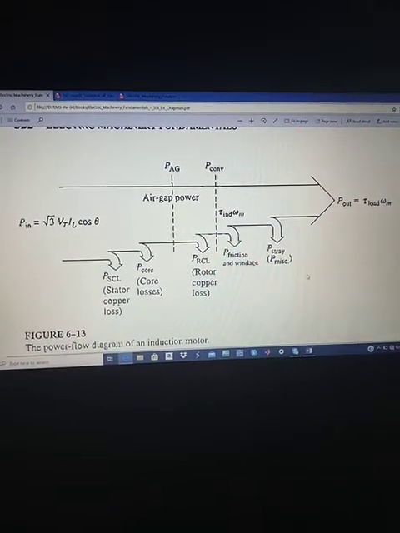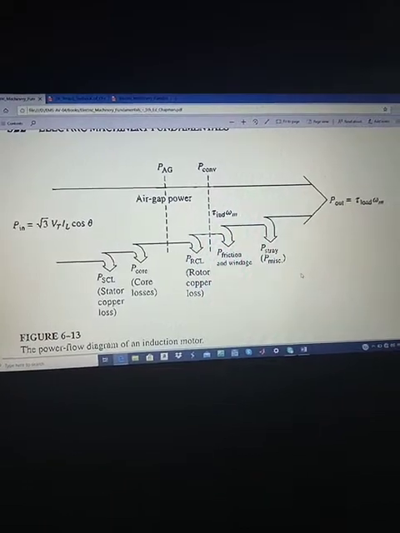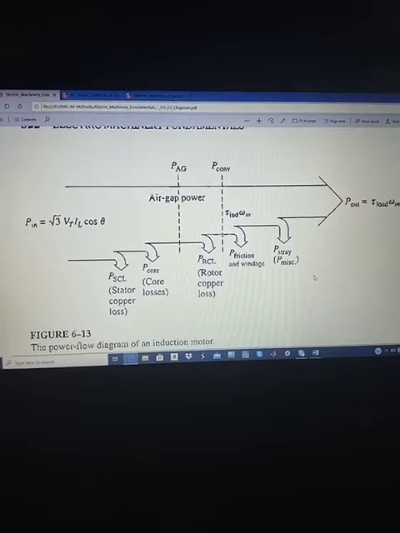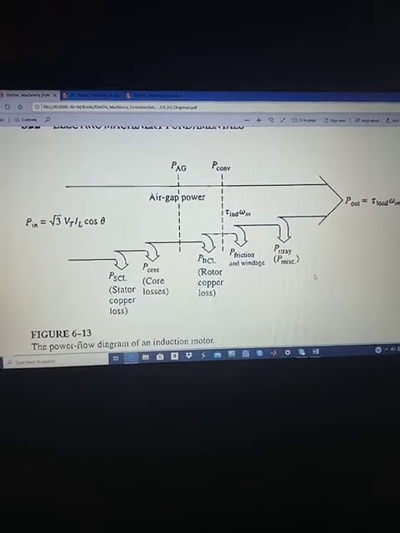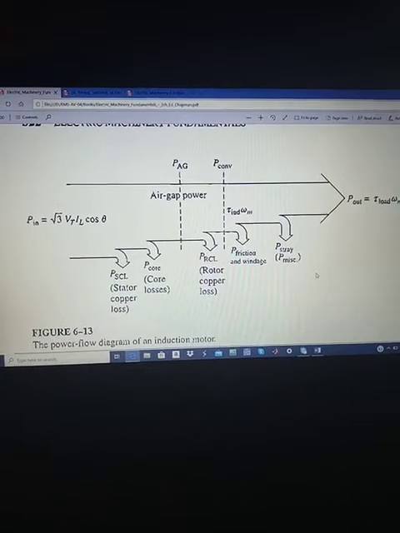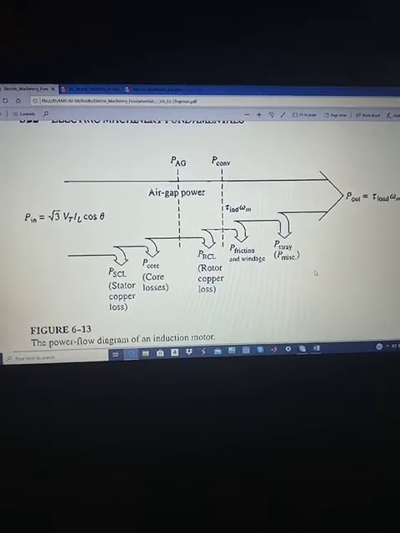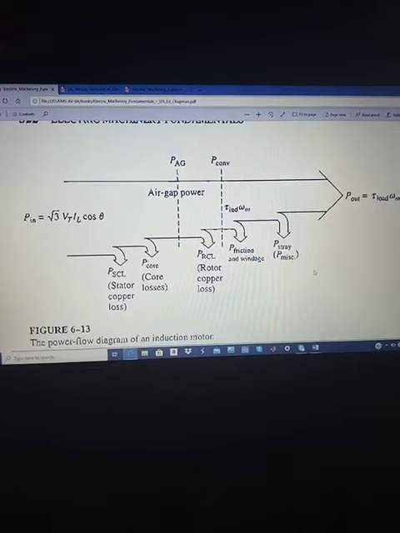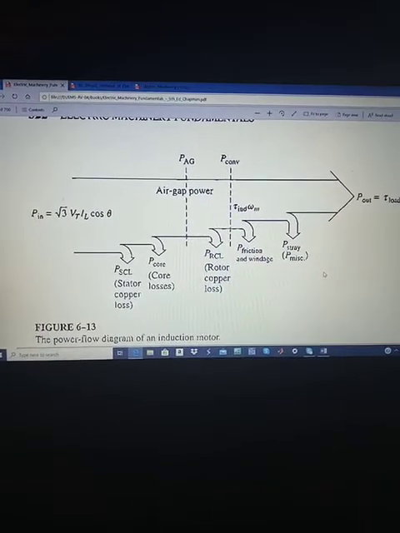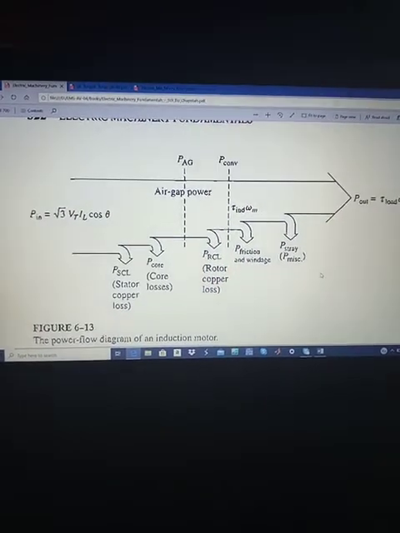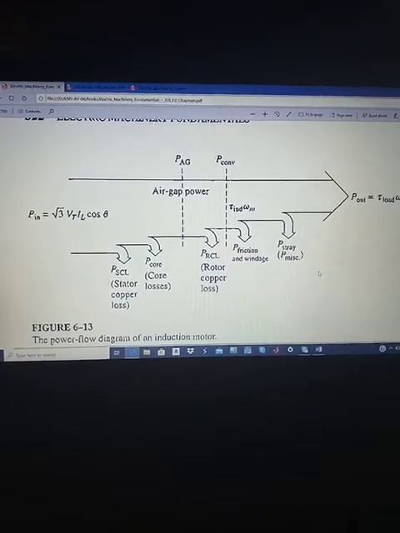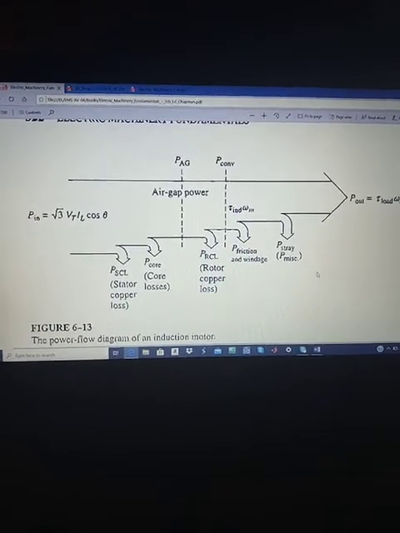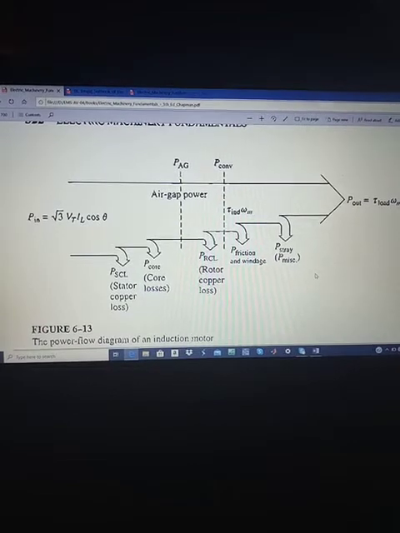The rotor starts rotating, and some of the power is lost as friction and windage losses, and some is termed stray losses, also called miscellaneous losses, because when the rotor rotates it will create some sound, some vibration, some heat energy.